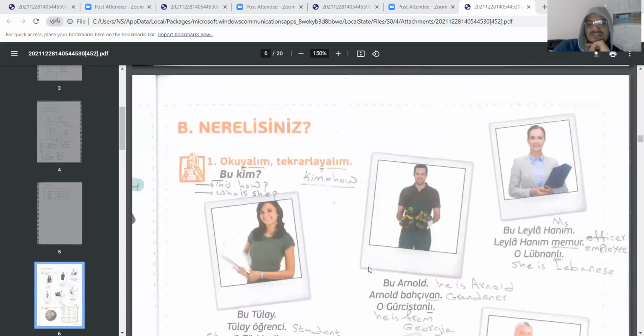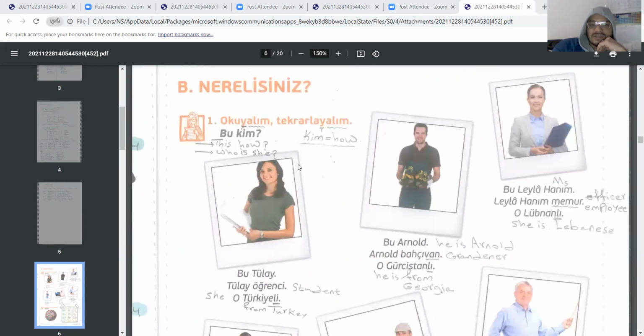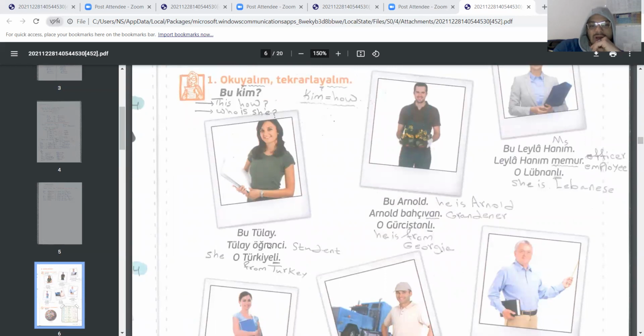The grammar is done. Let's go solve the other exercise in B bölümü, in part B. Okuyalım, tekrarlayalım. Bu kim? Who is this? Bu Tolay, Tolay öğrenci.